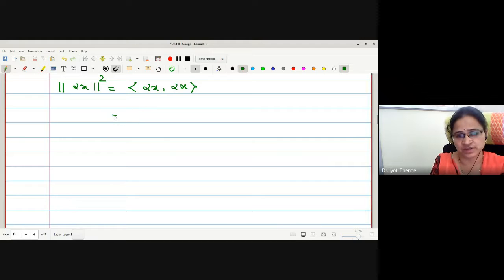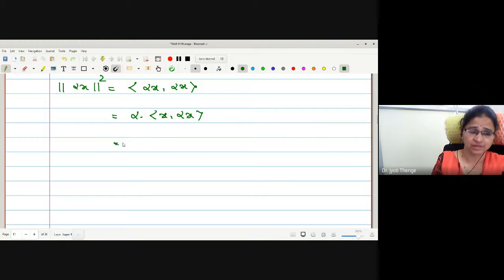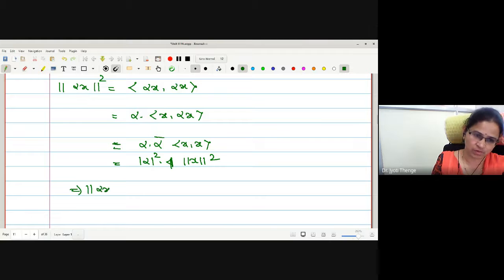Linearity in first variable will give me alpha times inner product x with alpha x. Let us write conjugate linearity. What will we have? Alpha bar, and we remain with inner product x with x. And this is mod alpha square, in this I can write norm square of x. Taking square root, we will get the required result.